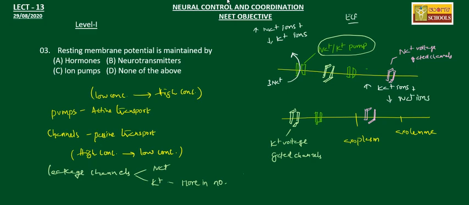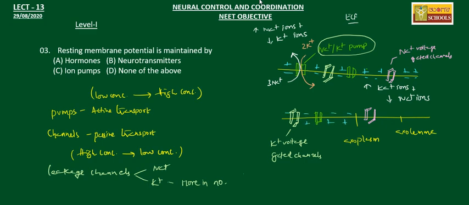So this pump will transport two potassium ions into the cell. With this it will be able to maintain the resting membrane potential, so that there is a positive charge on the outside and negative charge on the inside.